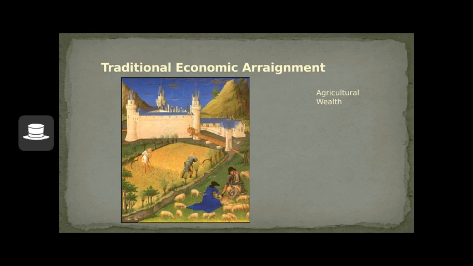The first thing I want to draw your attention to is the fact that in the Middle Ages, agricultural wealth was the primary form of wealth. That meant that if you owned land or had access to land, this made you wealthy in this particular society. Now, this isn't the case so much today, right?